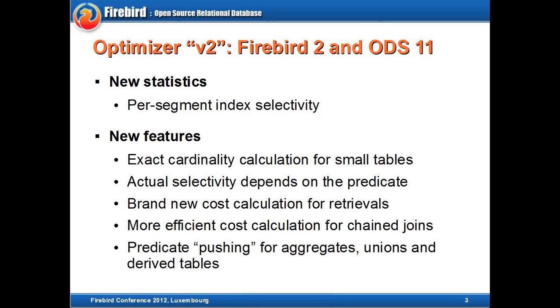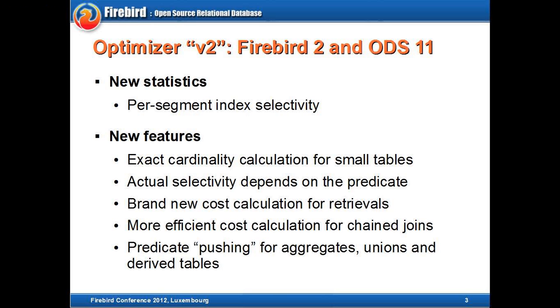This worked quite well and really efficiently for big tables, but it provided very bad estimations for small tables that consist of maybe just 10 rows, 100 rows, and so on.